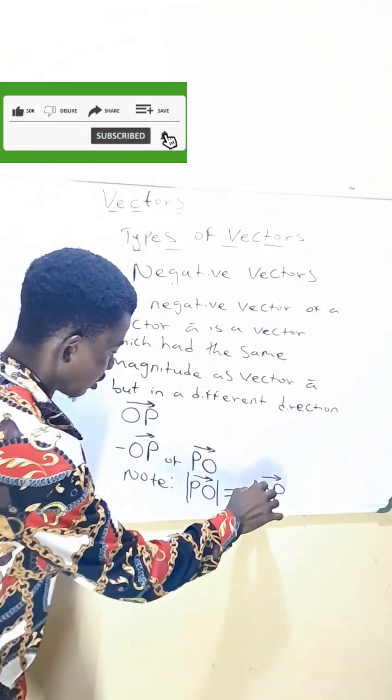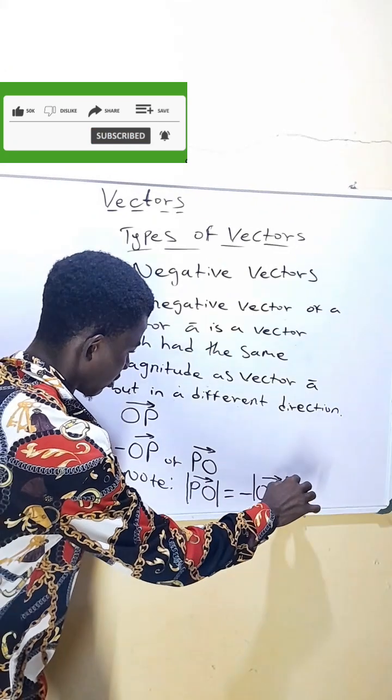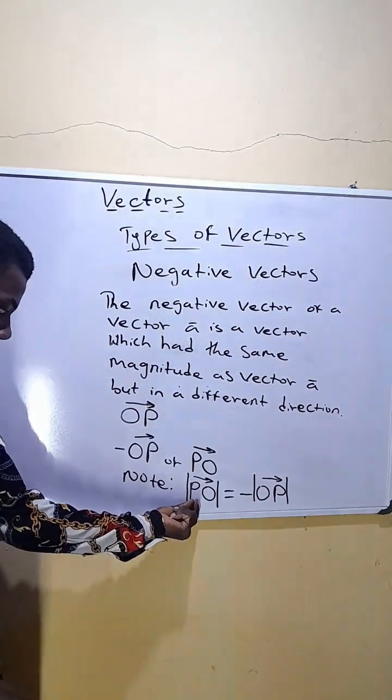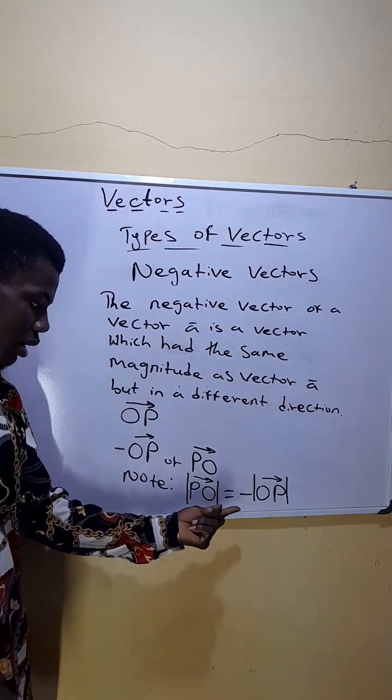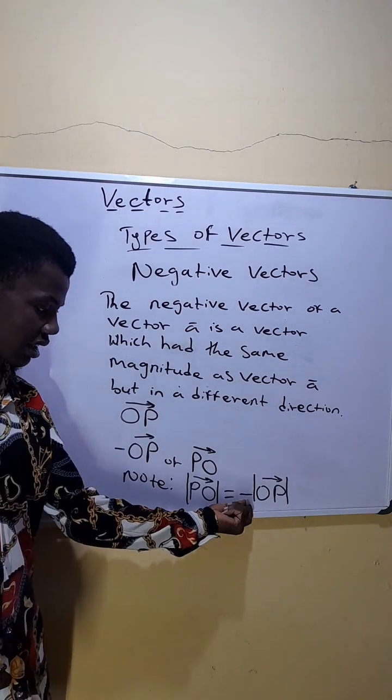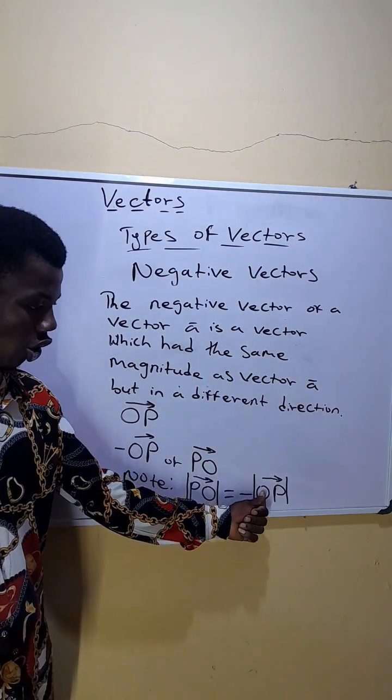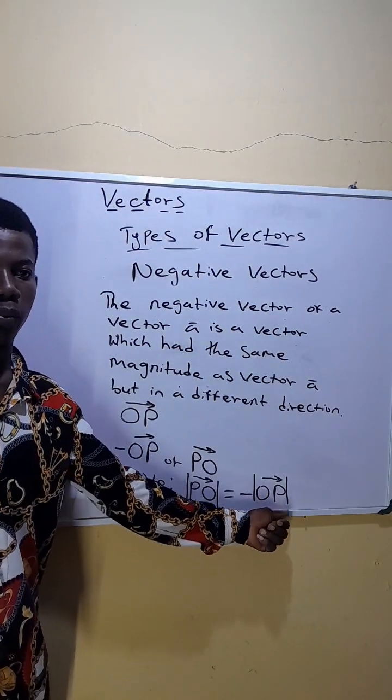The magnitude of a vector moving from P to O is equal to the magnitude of a vector moving from O to P.